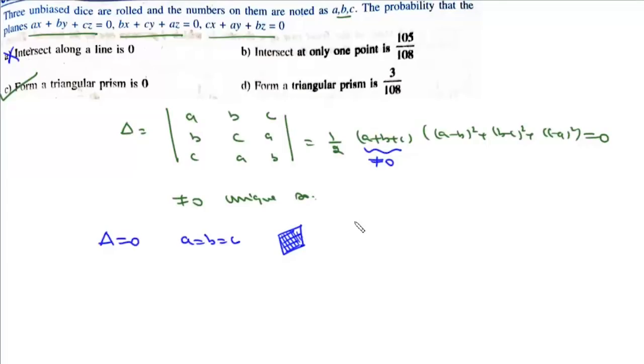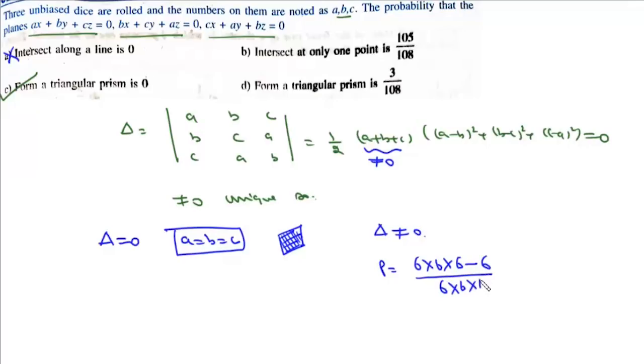For all the other cases, except for A equals B equals C, we'll get the condition that delta is unequal to 0. Now this probability will be 6 into 6 into 6 minus those 6 cases when A, B, C are all equal, divided by 6 into 6 into 6. Now this is 210 divided by 216.